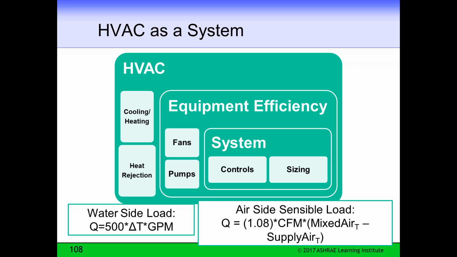So you move that equation around, you say you've got a load divided by 1.08 divided by delta T, and that's exactly how much CFM you blow in a room. And so by varying your delta T, you can vary your CFM, which impacts your fans, of course, but it also would maybe affect your major equipment also. But these are the things that we mainly play with to see if we can make our system most effective and most energy efficient.